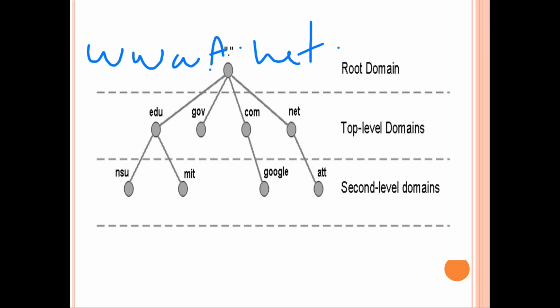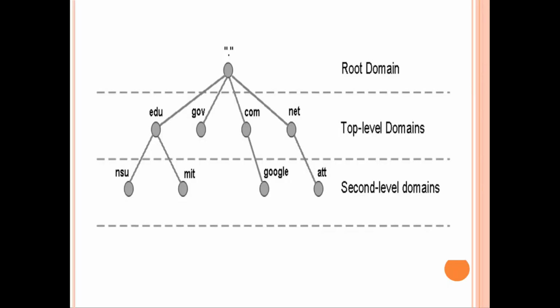This is called the domain name system. By this diagram it is clear what the system of domain names is, and you can understand it easily.